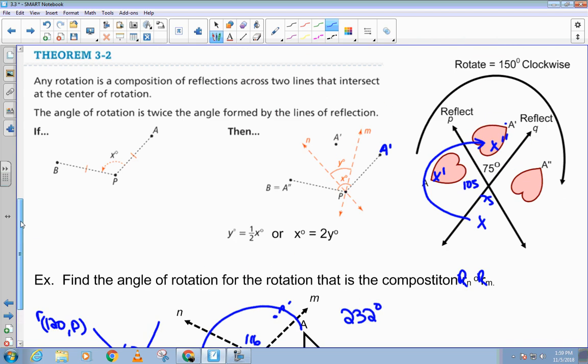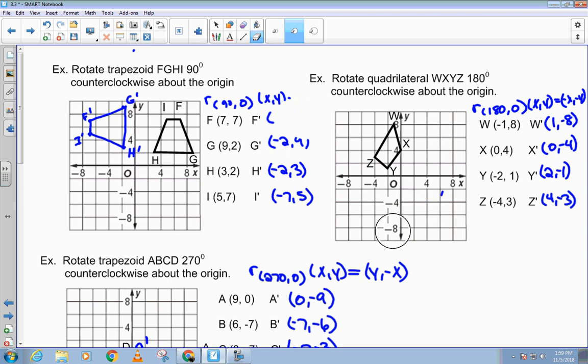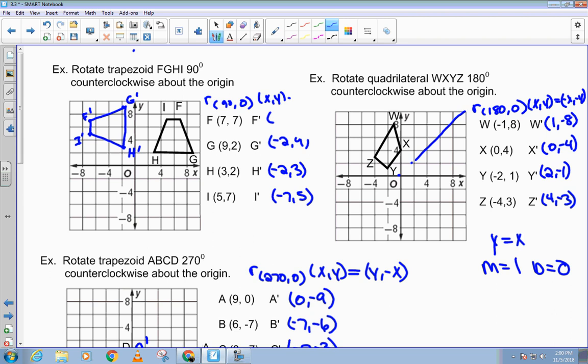Alright, now I want to show you one more thing, and don't erase this. I'm just going to use this space here. One of your questions talks about the line y equals x. What does the line y equals x look like? It's diagonal. Okay, what's the slope of it? 1. And what's the y-intercept? 0, right? So it goes through the origin, and it has a slope of 1. Yes? Rise 1, run 1. So the line looks something like that, right?